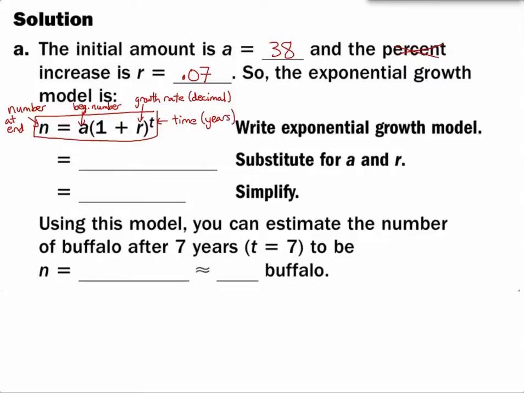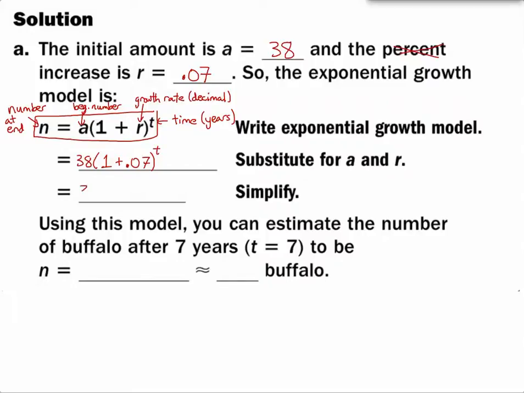Okay, so in this case, though, we have values to plug in, so we can go ahead and calculate a number out. The initial number was 38. We have 1 plus 0.07. And then the question was after t years. So to the t.